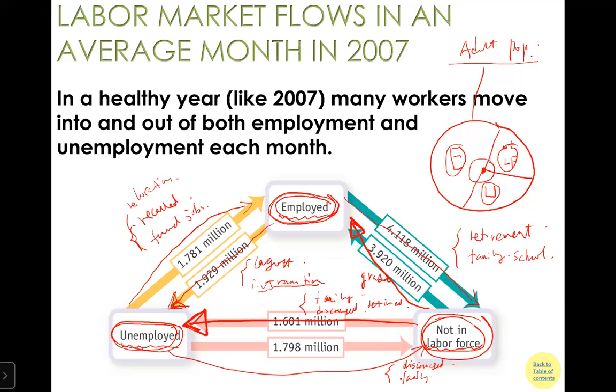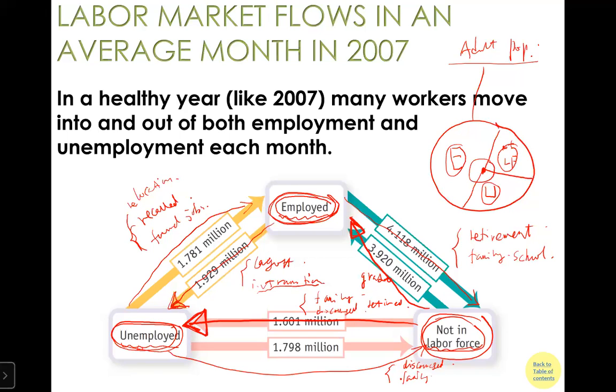Okay? And then they find, I don't have enough saved for my retirement, so I need to get some supplemental income. So they move out of the situation of not in labor force. They start looking for a job again. Right?